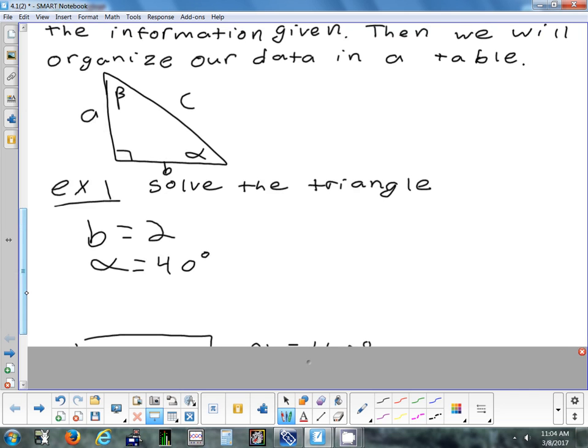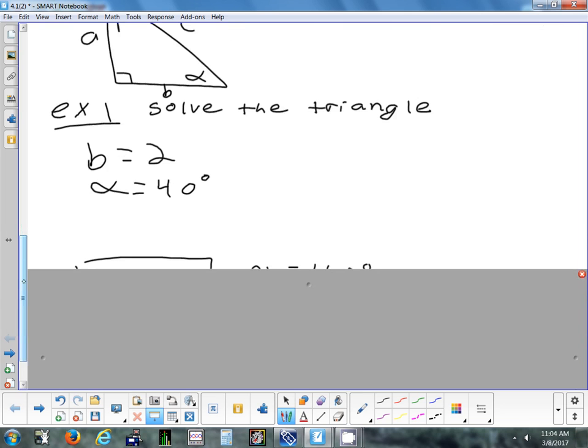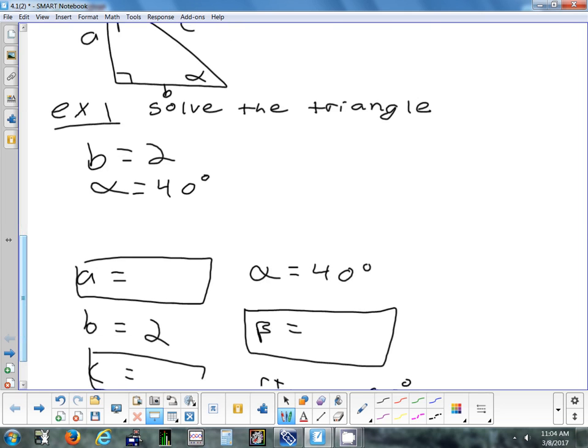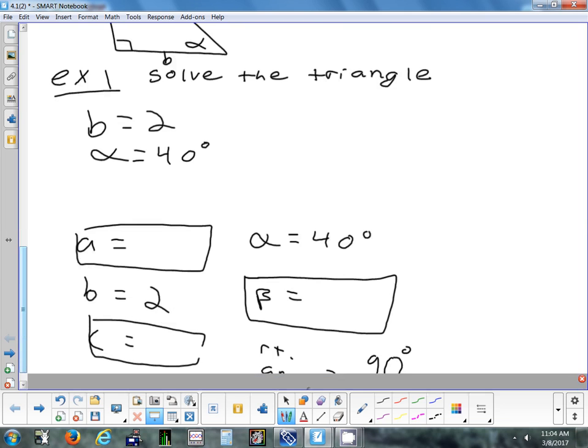All right, so here's our first problem. And this is the first case. In addition to knowing we have a 90, we have another side and another angle. So what I usually do is, I'm going to make a sketch in a second, but I just like to organize everything in a table.